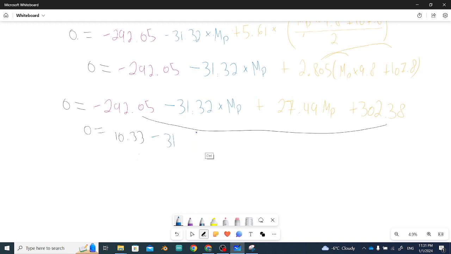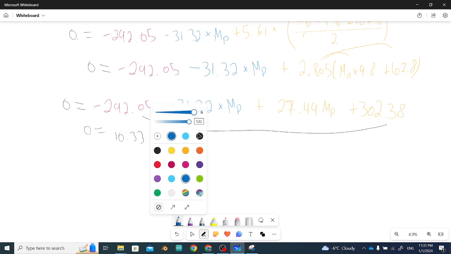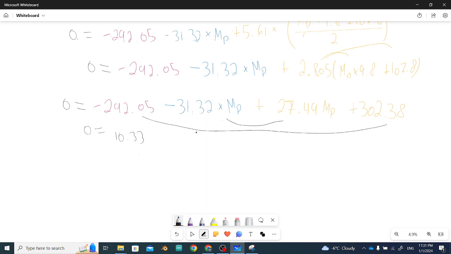And let's also add the mass of the painters together, these two, so 27.49 and minus 31.32, that will be minus 3.83 mass of the painter.